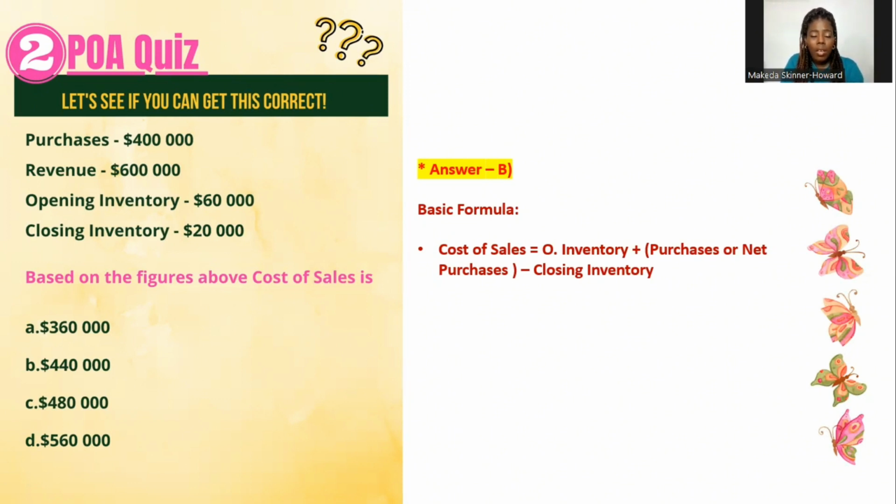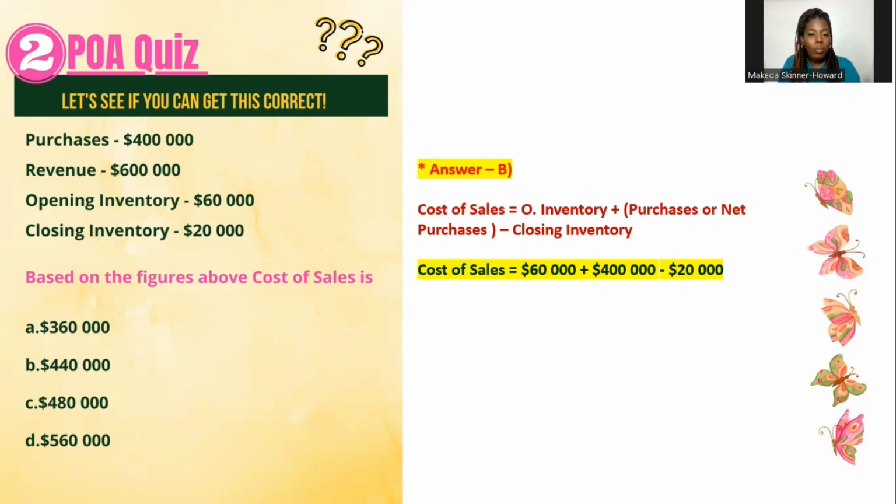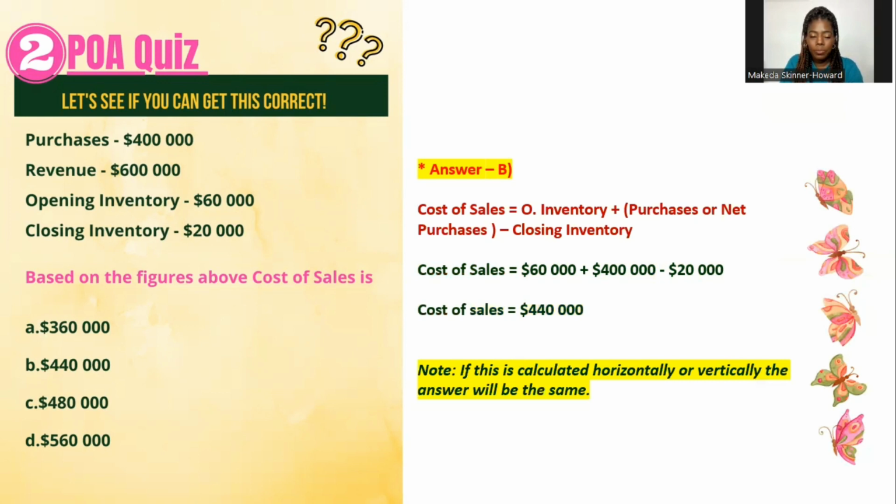Another thing I want to plug in here, make sure you know when to use purchases and when to use net purchases. These are some of the little nuances you need to know when it comes to income statements. When you plug your figures in, we get opening inventory 60,000, purchases 400,000, closing inventory minus 20,000. Work that out. The answer is B, which is 440,000.